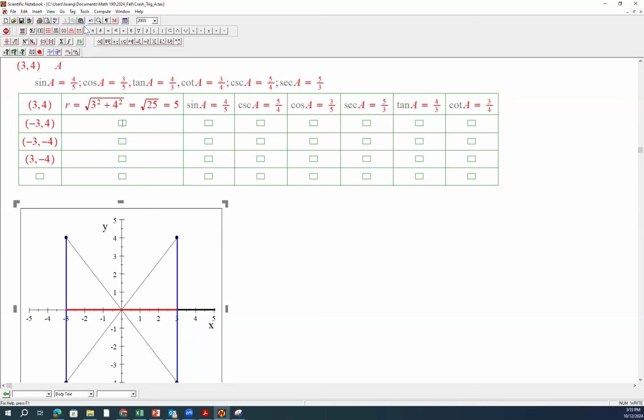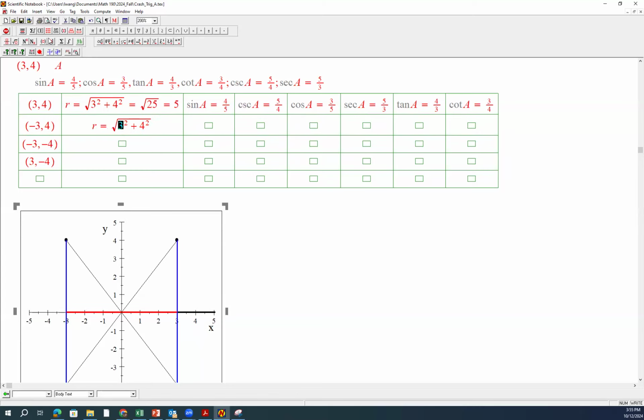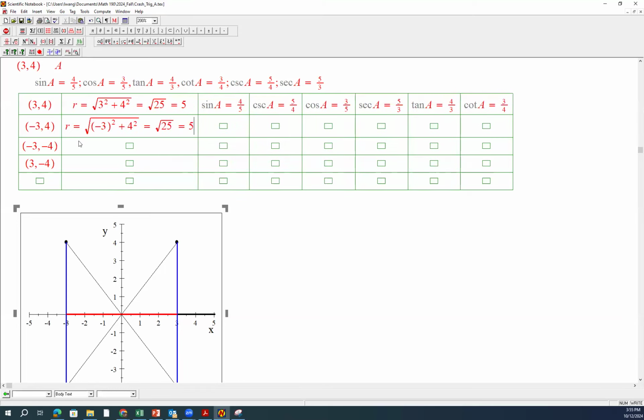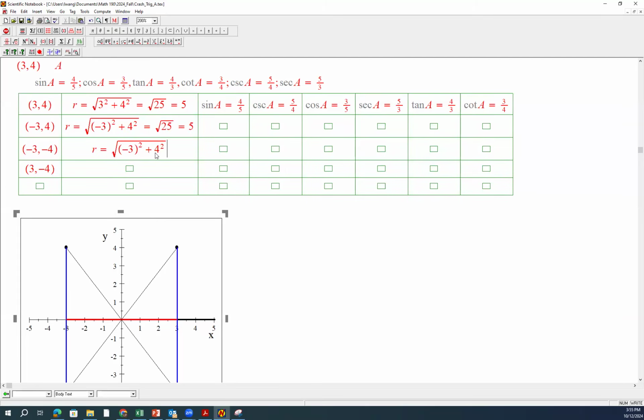In the second case for R, you can see x is negative. It's a -3. But -3 squared is also 9. So we also get root 25, and that equals 5. So in fact, you can see it doesn't matter whether x is positive or negative, right?